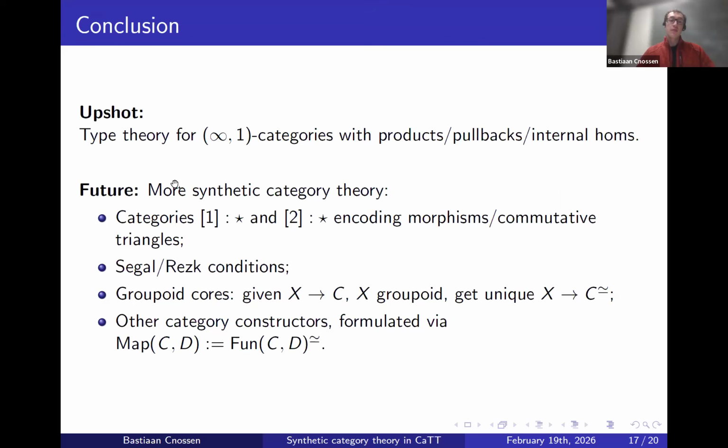And in the future, we hope to do more of the axioms from synthetic category theory internal to this type theory. So what would be things that we will be doing? So far, these objects of this underlying infinity one category we're describing don't have any internal structure. But in the end, we would like them to behave like categories themselves.